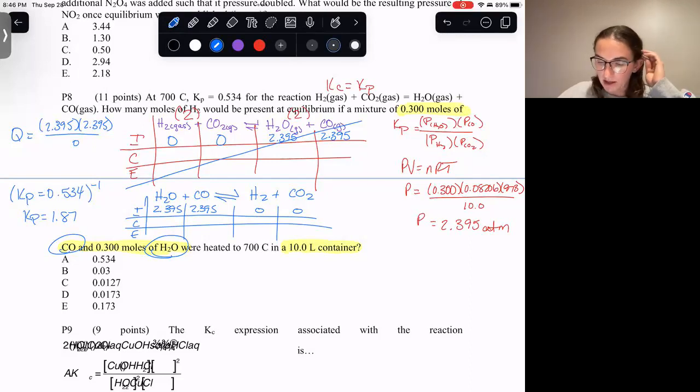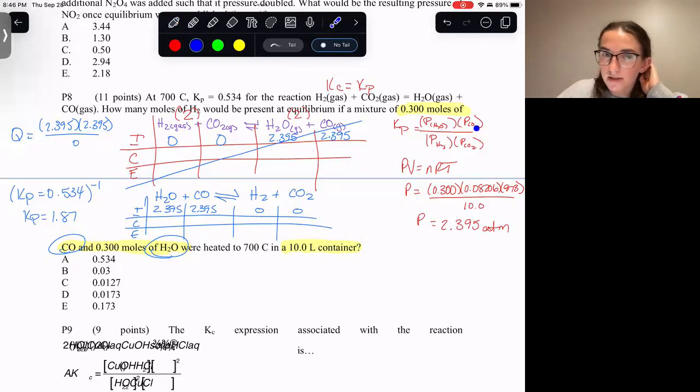So the Kp that we did over here, this one over here, is for when our H2O and CO were products, but now I need to do it so that the H2O and CO are reactants, because I switched them to be reactants instead of products. I'm doing the reverse equation.